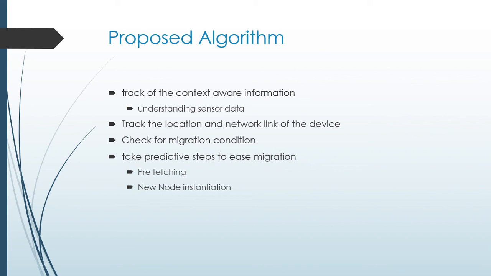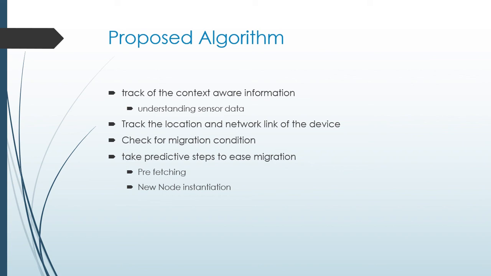If the quality of the network link is on the decline, it's better to give that link to another node which can service it better. So we keep track of these two parameters in parallel. And when we reach a threshold, we check the migration condition, and it's better to hand it off to someone.